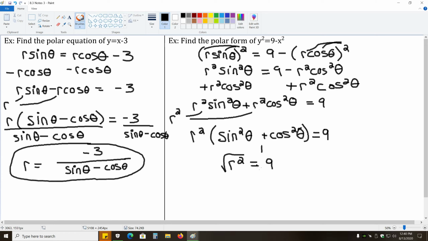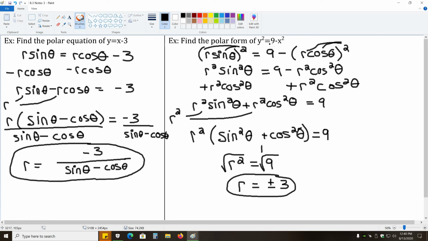And taking the square root of each side, we get r equals plus or minus 3. Either of these values, r equals 3 or r equals negative 3, represent the same polar form of y squared equals 9 minus x squared.